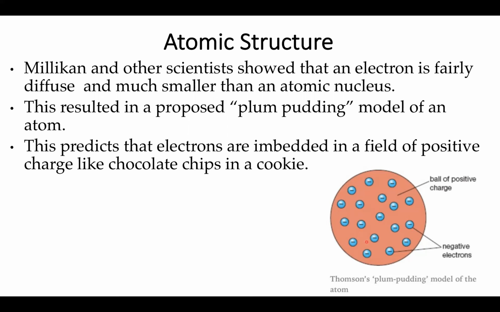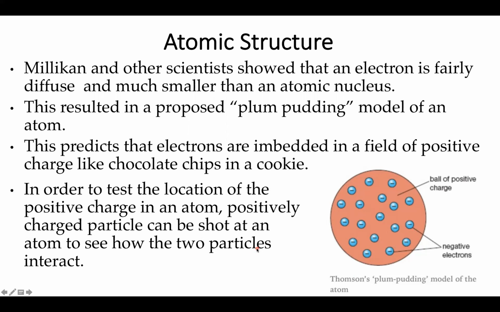We're going to have positive charge and negative charge. Millikan essentially imagined the negative charges embedded in a field of positive charge, like chocolate chips in a cookie batter. So the electrons were going to be discrete, and the positive charge is essentially widely distributed.